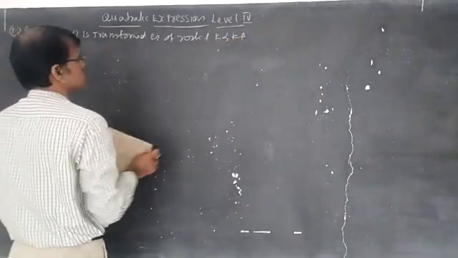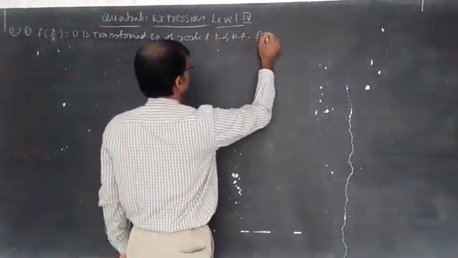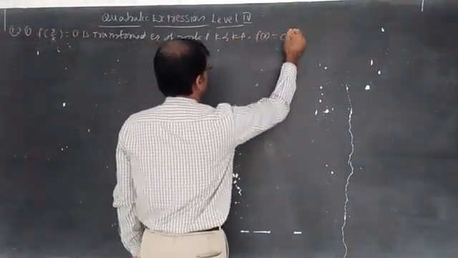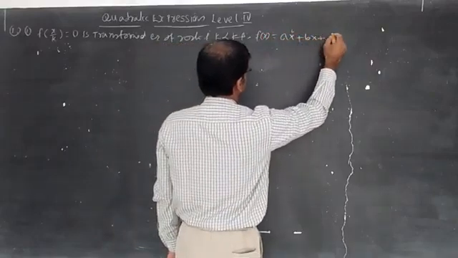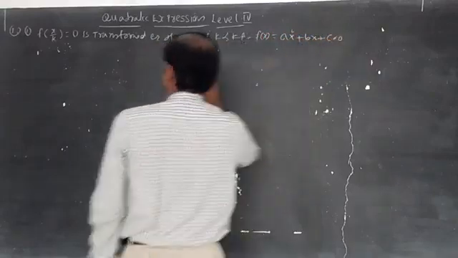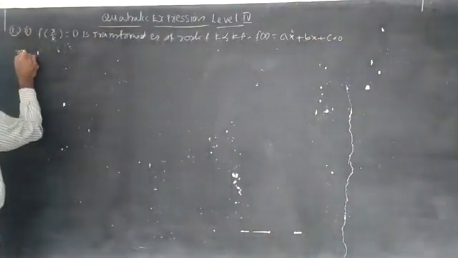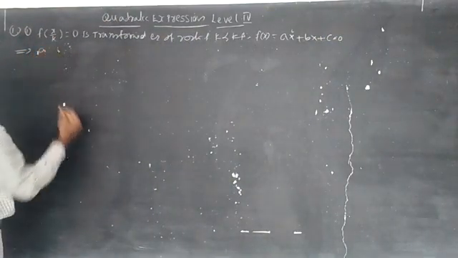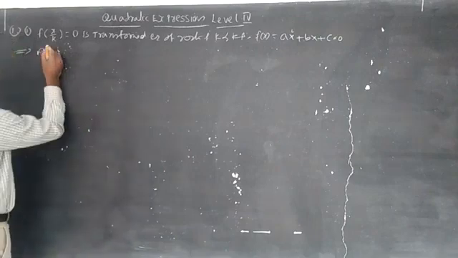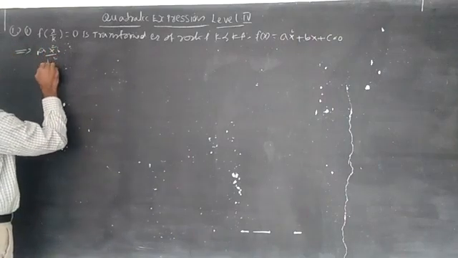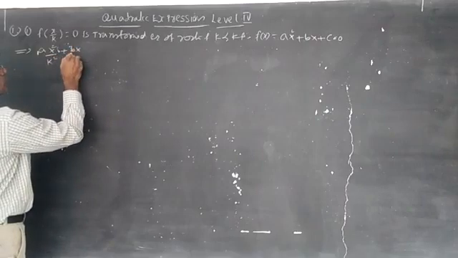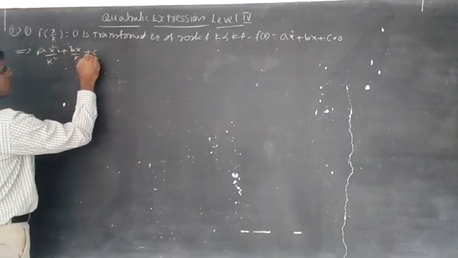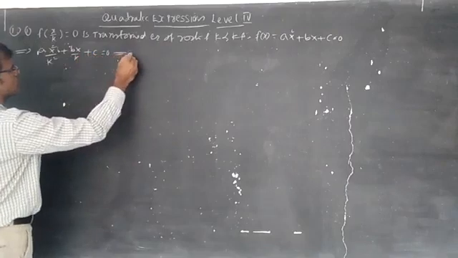So f of x is given as ax square plus bx plus c is equal to 0. Substitute x by x by k, that implies a into x by k whole square. So you can write ax square by k square plus bx by k plus c equal to 0.